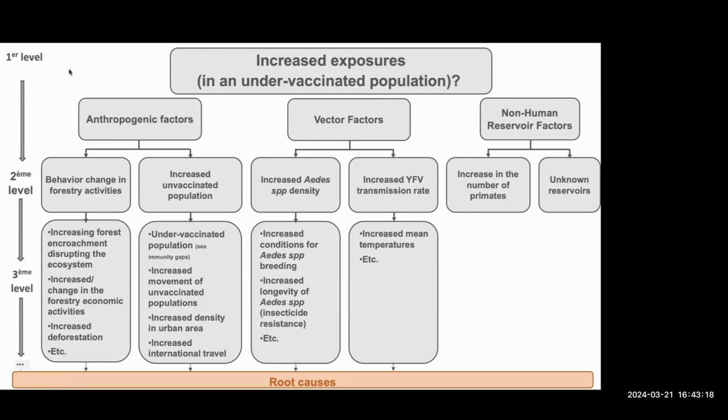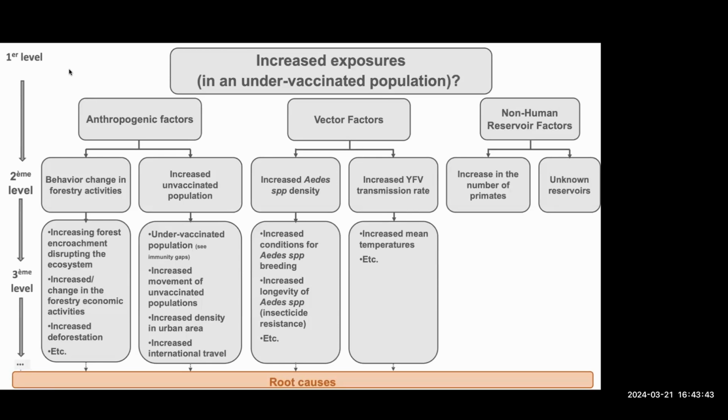Also, the only information we can have regarding the Aedes is if there was a previous entomologic investigation in the area, where we can look at the Breteau index or house index, etc. But it means that the investigation has to be made.